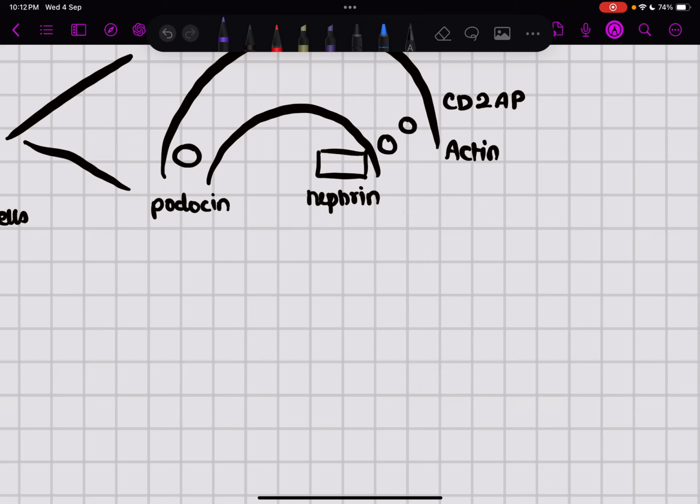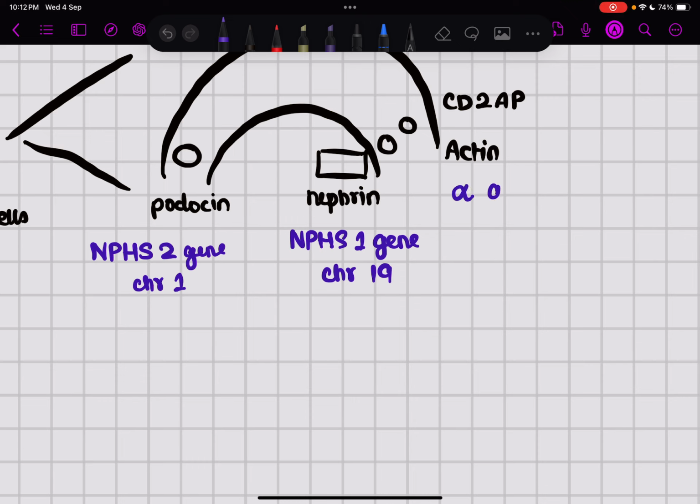Podosin is encoded by the NPHS2 gene on chromosome 1. Nephrin is encoded by the NPHS1 gene on chromosome 19, and actin is encoded by alpha actinin 4.